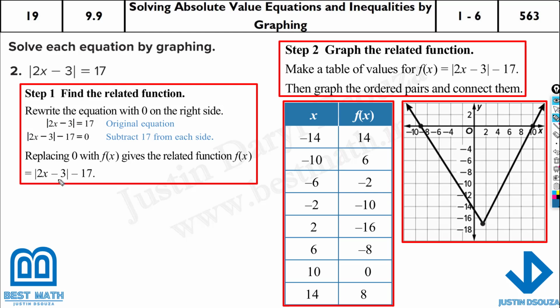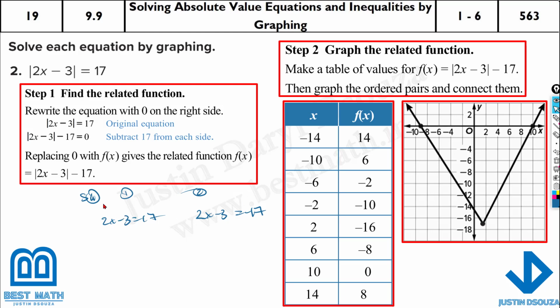Once this is done, don't forget the last step. After the graphing, don't forget the last step to solve it. That'll be step 4, because step 3 will be graphing for us. And then that is case 1 and case 2. It is 2x minus 3 equals 17. 2x minus 3 equals minus 17. You can put in the calculator and check your answers as well, or you just solve this up.